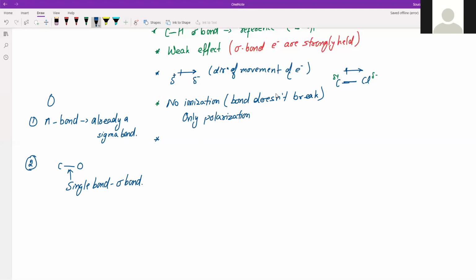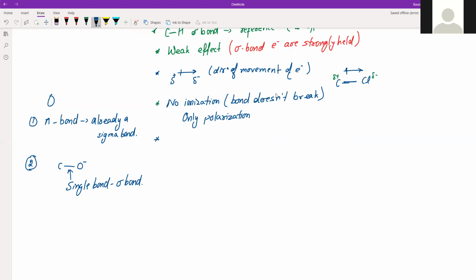But sir, when you have an O minus, you have an extra charge there, right? Doesn't that make it, like with hyperconjugation, a double bond then? Yeah, it will, but right now it is not. What we have been given is not this; what we have right now is this.